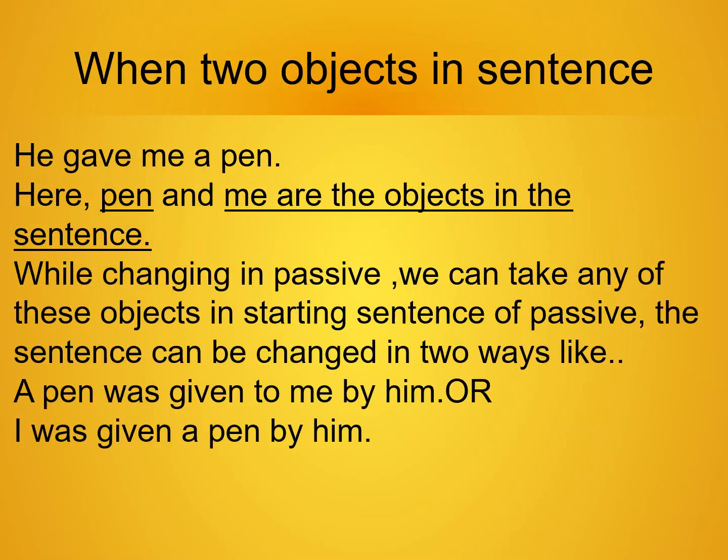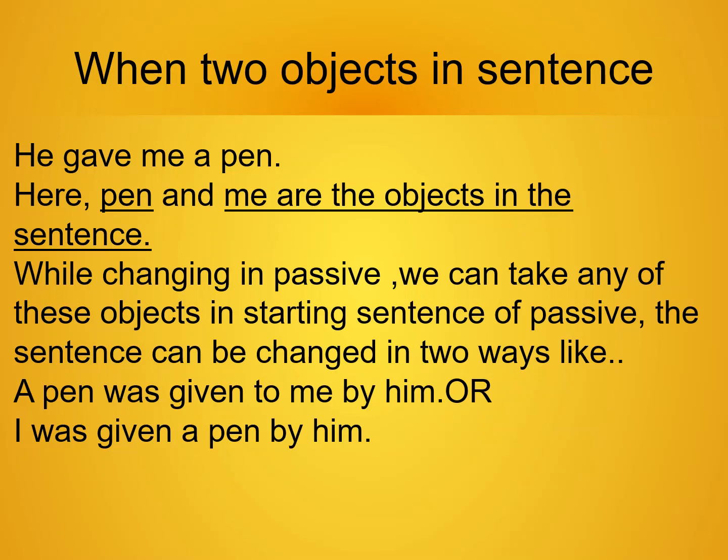But students, sometimes we get two objects in the sentence, so how do we change this voice? For example, he gave me a pen. In this sentence, two objects are there, that is a pen and me. Me is also considered as an object in the sentence. So this kind of sentence can be changed into passive voice in two ways.